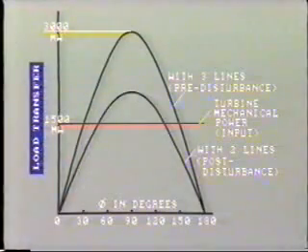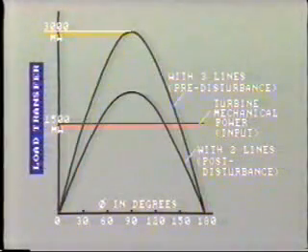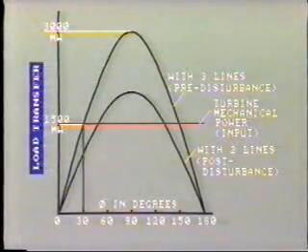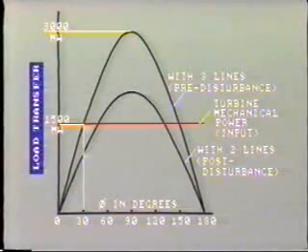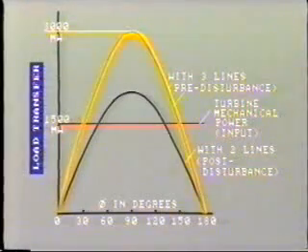The power angle between the two buses is shown by this curve. With 3 lines in service and a total load transfer of 1,500 megawatts, the load angle here is about 30 degrees. You can see that with 3 lines in service, we could actually transfer more power.